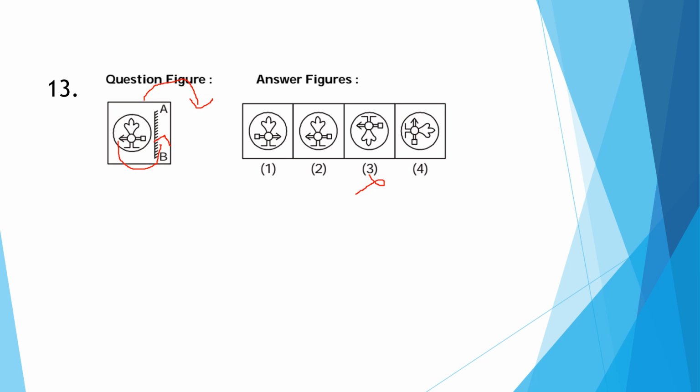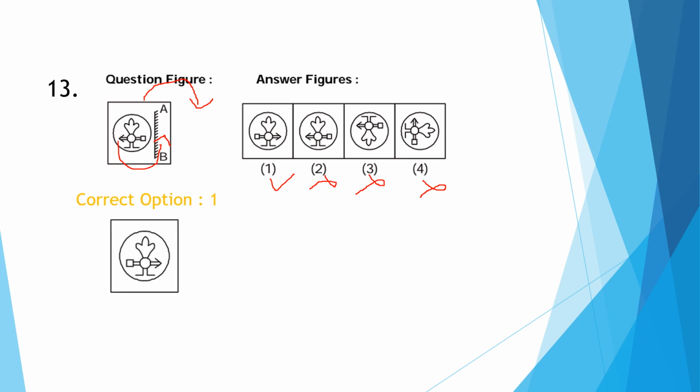This is also a direction change, so a wrong answer. Just observe options 1 and 2. This arrow is on the left side, so in our answer figure, the mirror image, it will come to the right side. So the answer is the first option. In the other, the answer is the same as the question diagram, so this is also not the correct answer. So the option is 1.